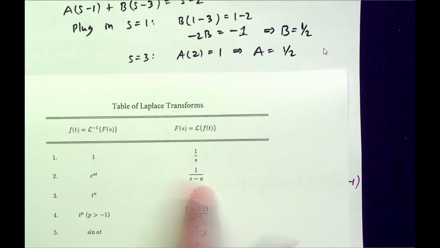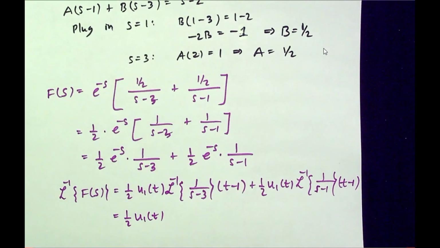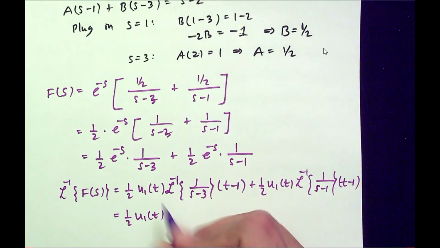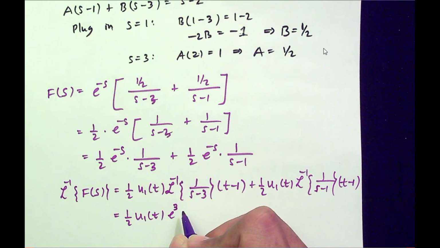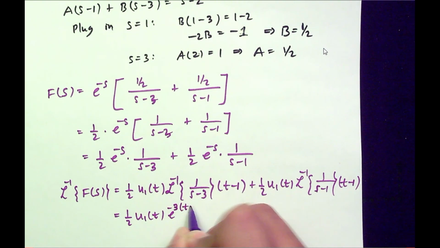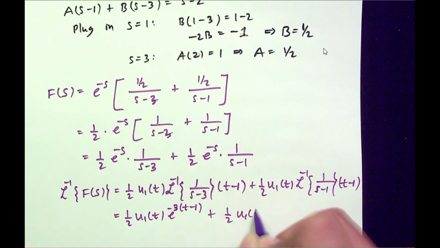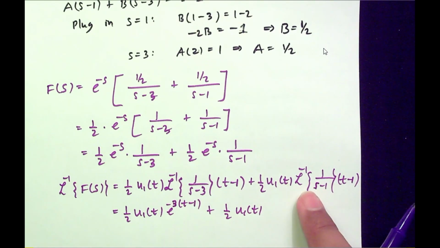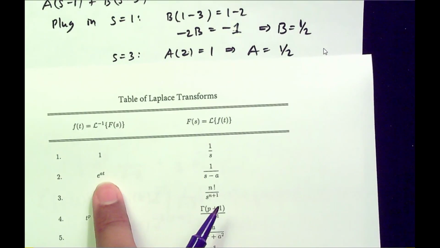So this is going to be e to the 3t, but not evaluated at t, evaluated at t minus 1. And the next one, the inverse Laplace of this one, where a equals 1, would be e to the t.